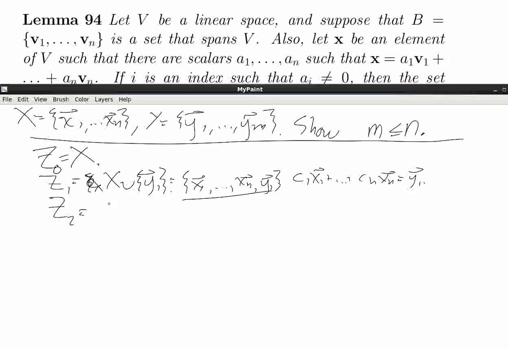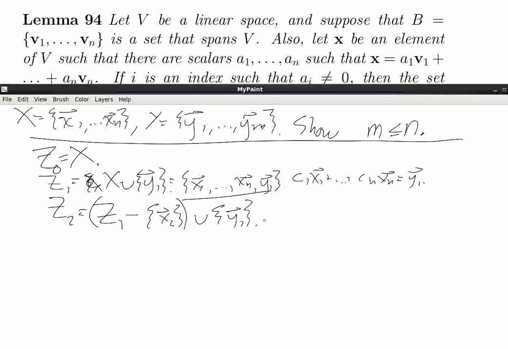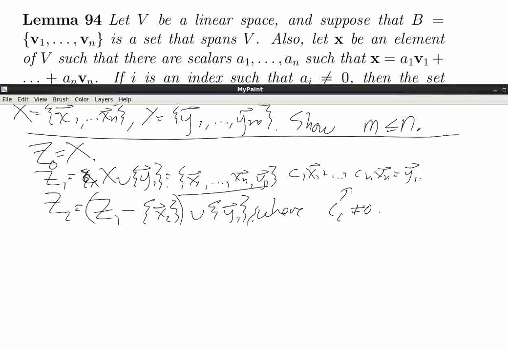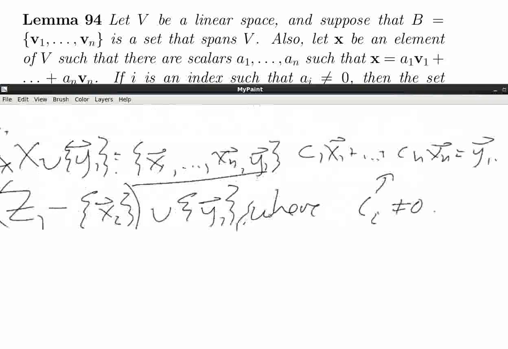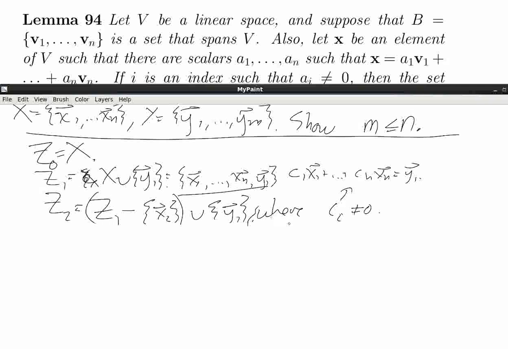Z2 equals Z1 minus some xi union y1, where ci can't equal 0, because that allows me to use theorem 93.